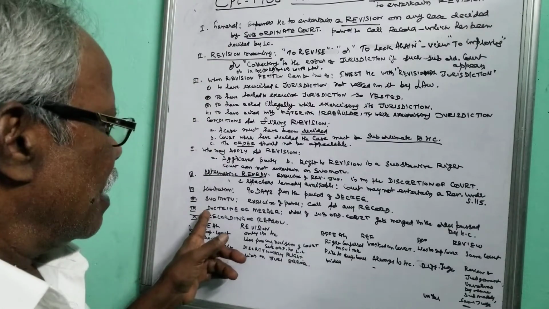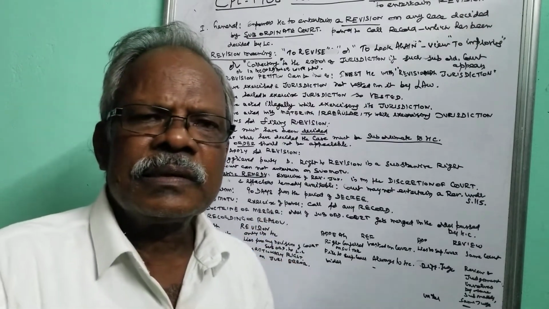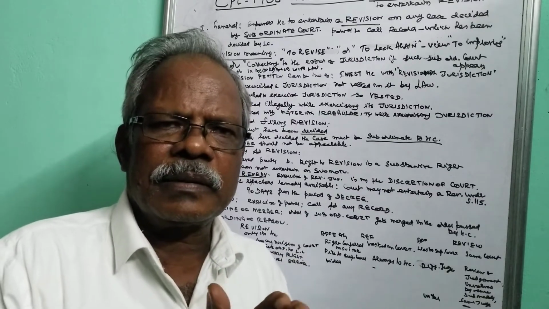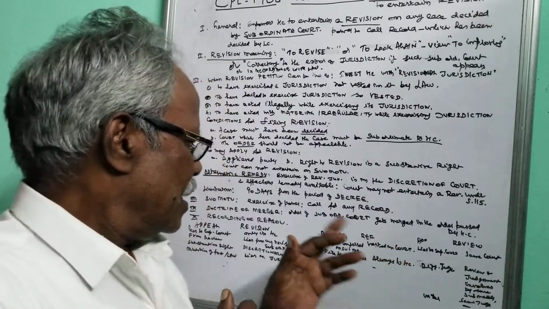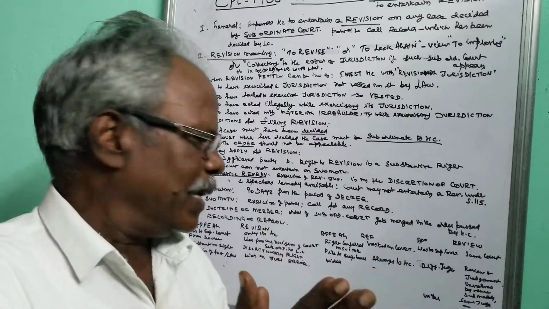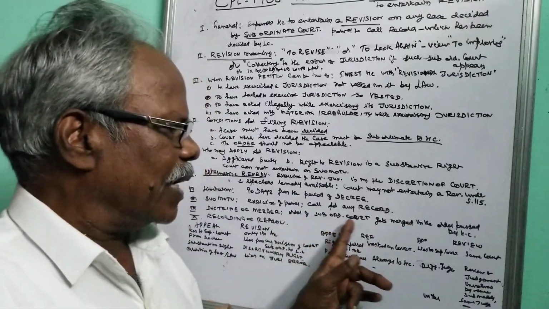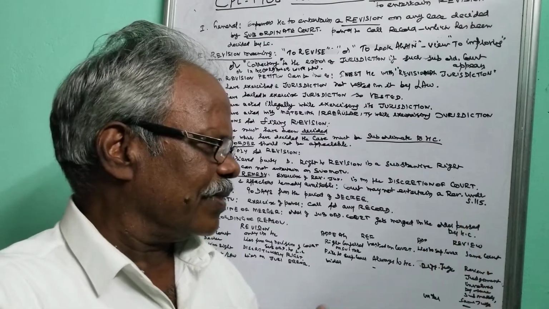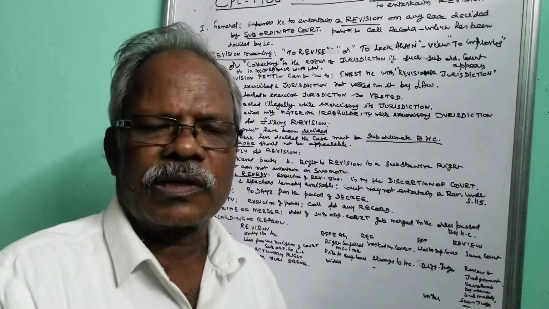Then doctrine of merger. Doctrine means it is like an ideology. The merger means combining. So the order of the subordinate court gets merged with the decision or order passed by the High Court.